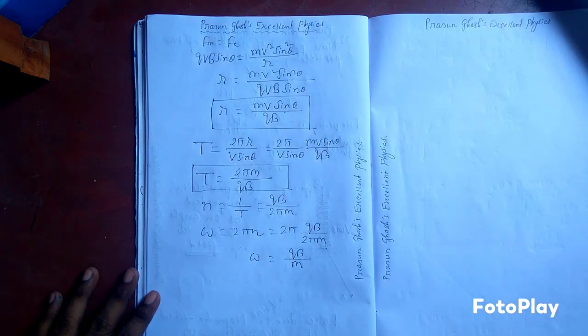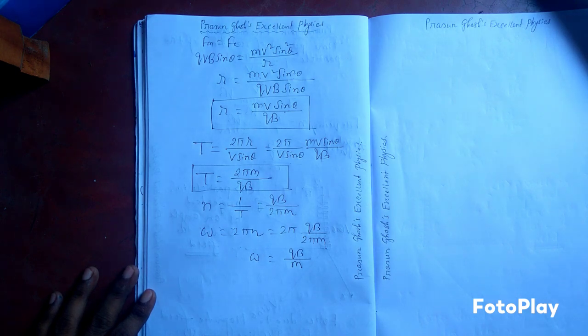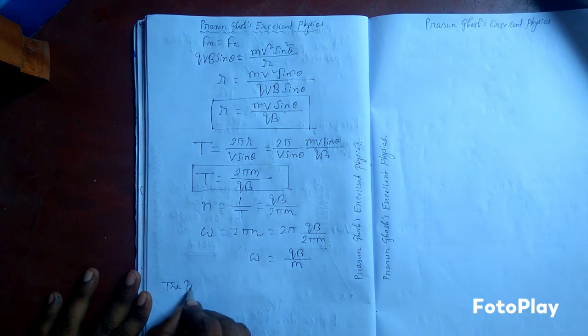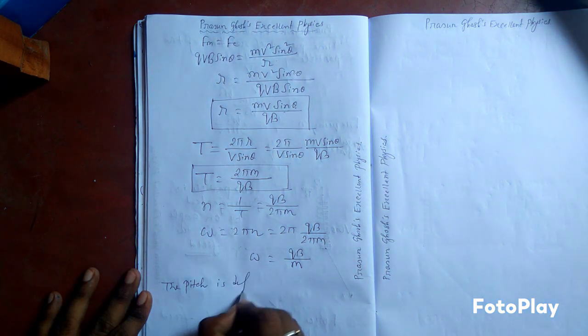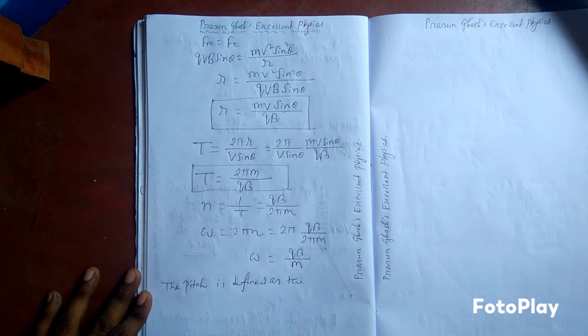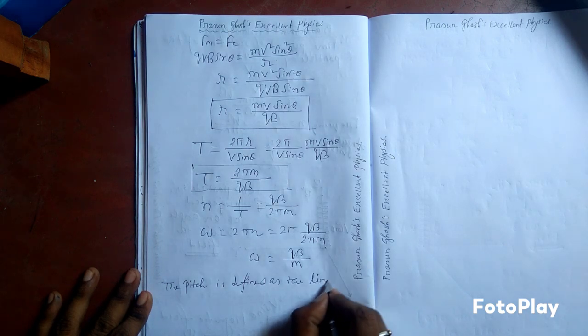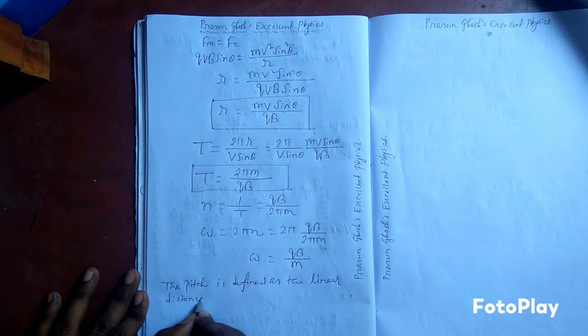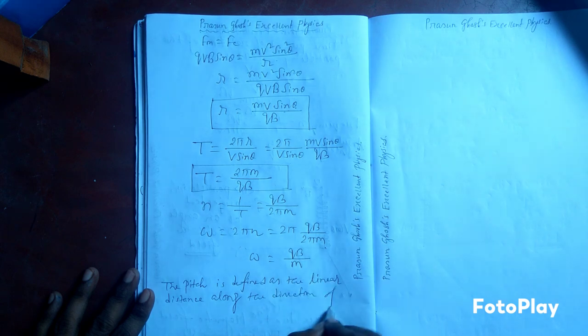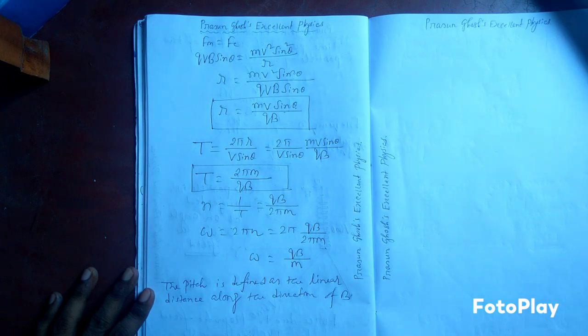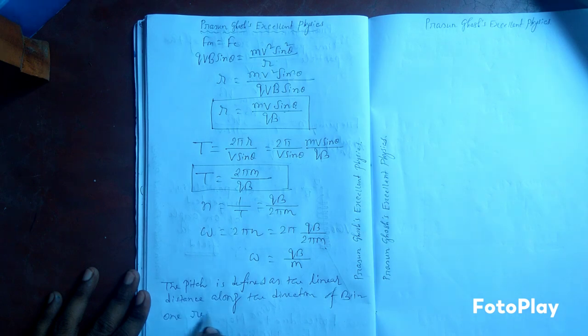So next we have to know what is pitch. The pitch is defined as the linear distance along the direction of B in one revolution.